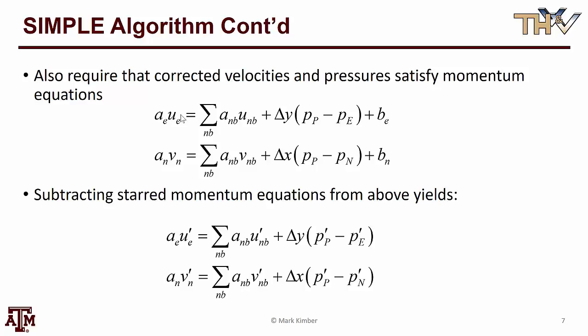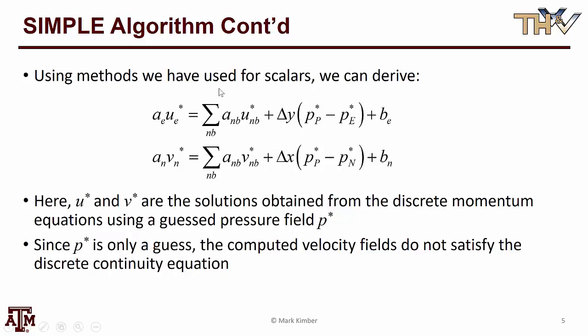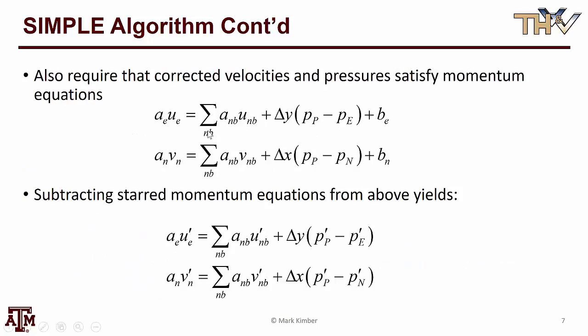And we're going to take the expressions that we had here, and we're going to subtract them from the equations that you see here. And the result is going to be, since all the coefficients are the same in both cases, the primed quantity discretized equations that you see here at the bottom of the slide.